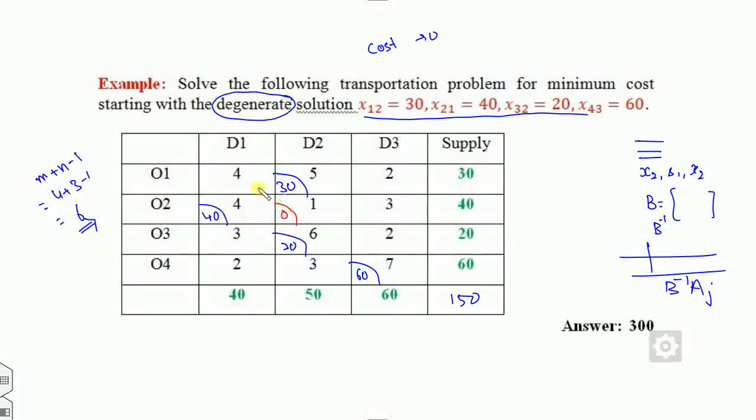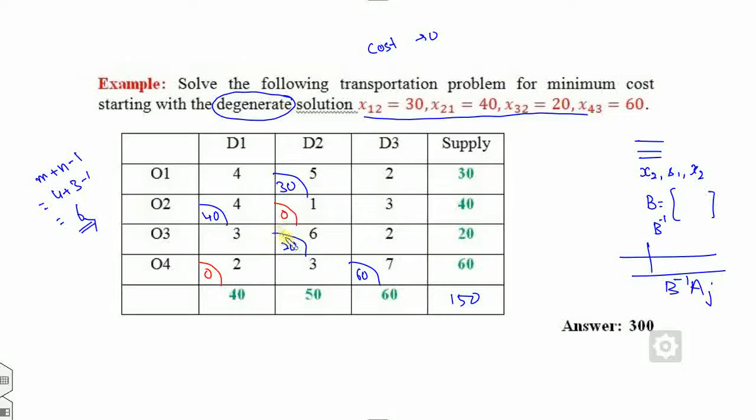It is dependent, and we always look for the independent manner. So I again can't assign here, it again forms a loop. I can assign here, yes, there is no loop inside it, so I can assign it here. Or you can find the smallest cost, that is 2 and 2, so either you can assign this and so on.